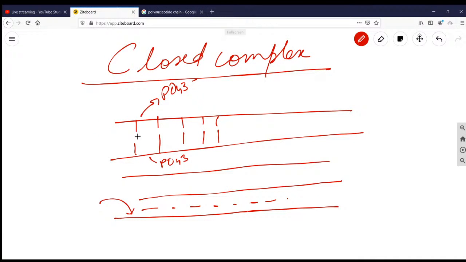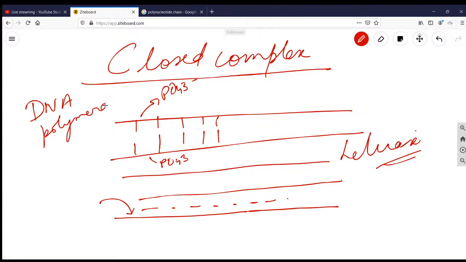Now, closed complex means the denaturation has not occurred, means RNA polymerase has not used its helicase activity. When we look at DNA replication, DNA polymerase is assisted by DNA helicase.